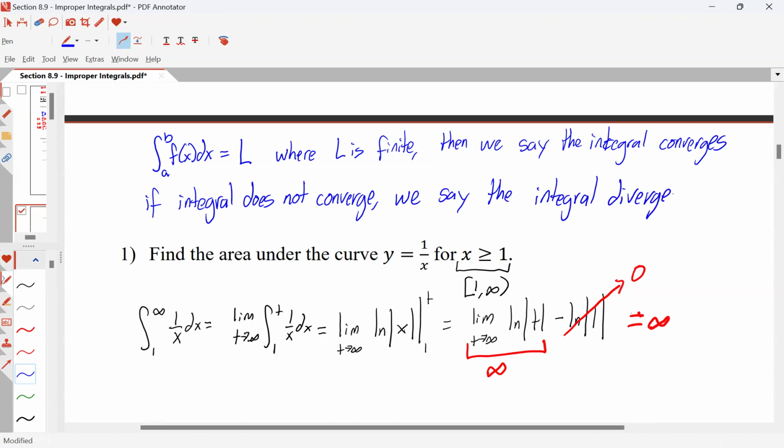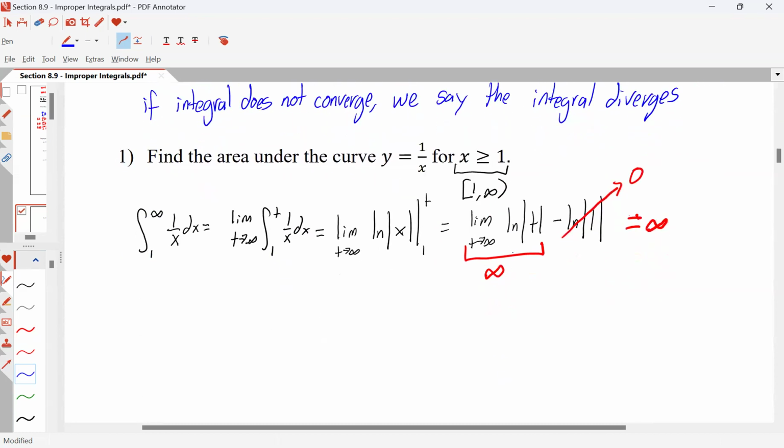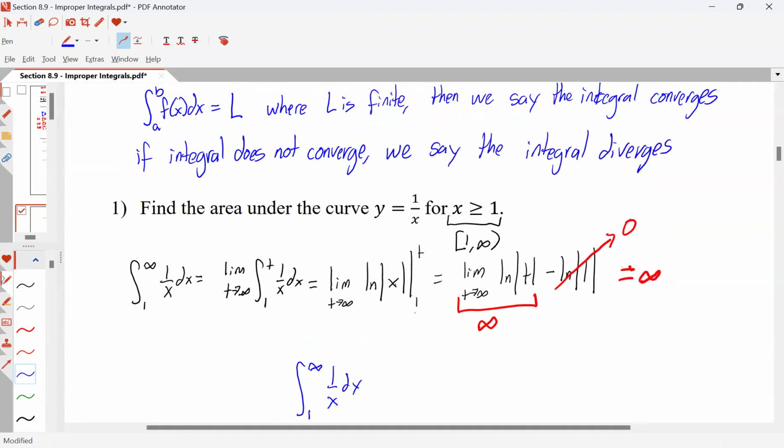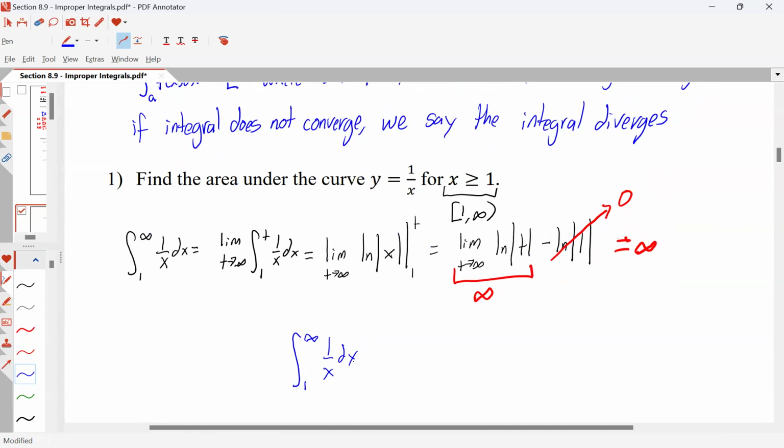So using that vocabulary on this problem, the integral from 1 to infinity of 1 over x dx does not come out to a finite number, so it does not converge, meaning this integral diverges.